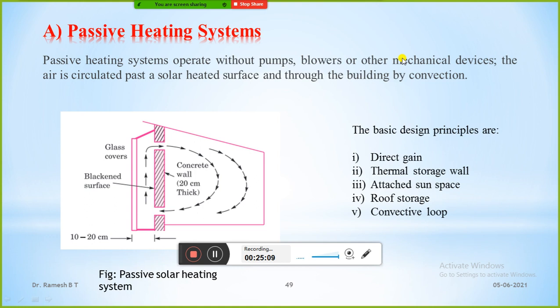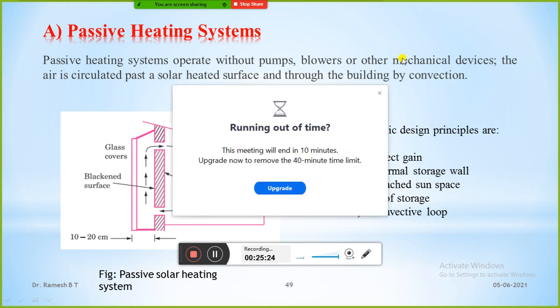This type of passive system operates seasonally. In the summer we get more, and in the winter we get very little, because it is directly based on the sun.